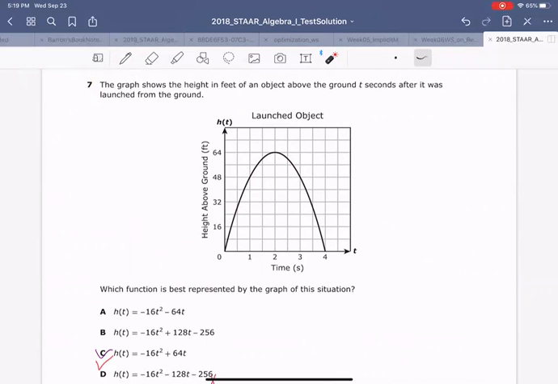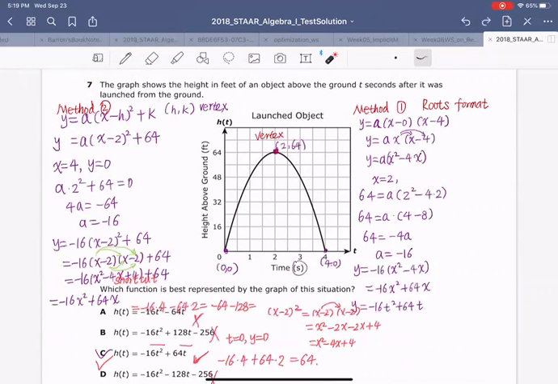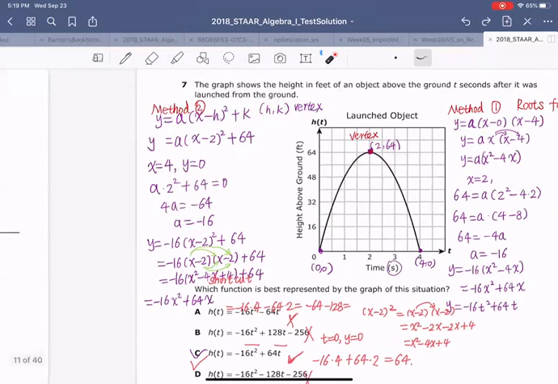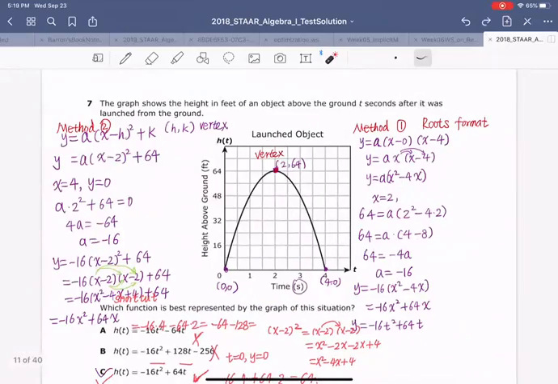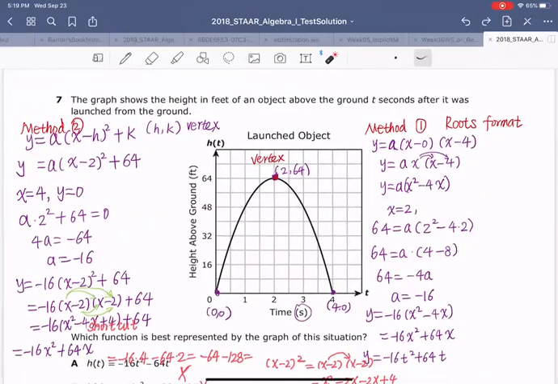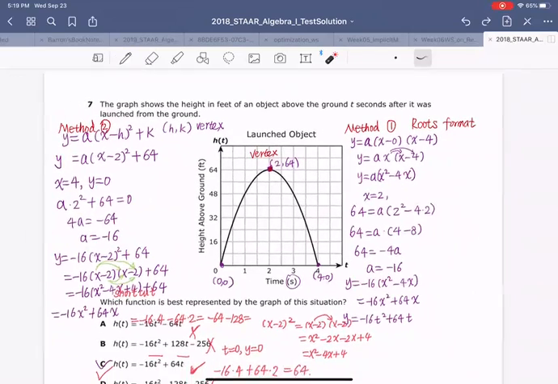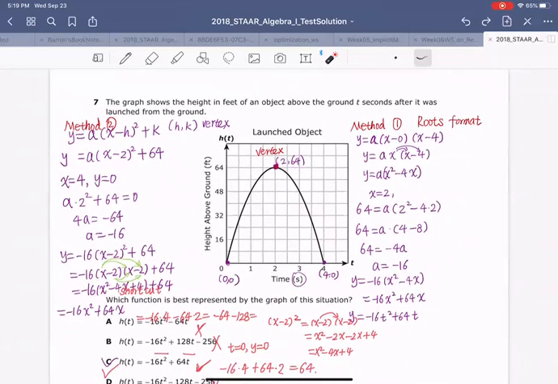All right. I'm going to teach you 3 different ways to work on this question. This is the time you want to write down your notes. The graph already shows you that the parabola passes this point and that point.